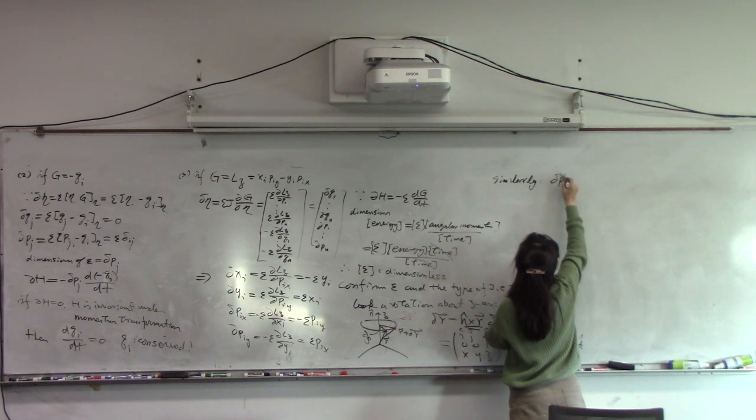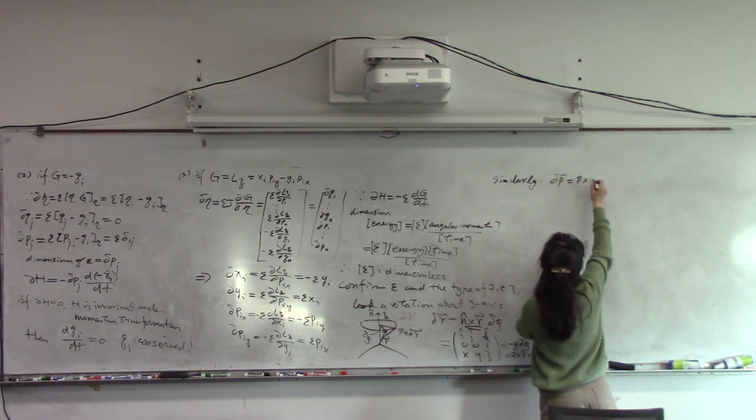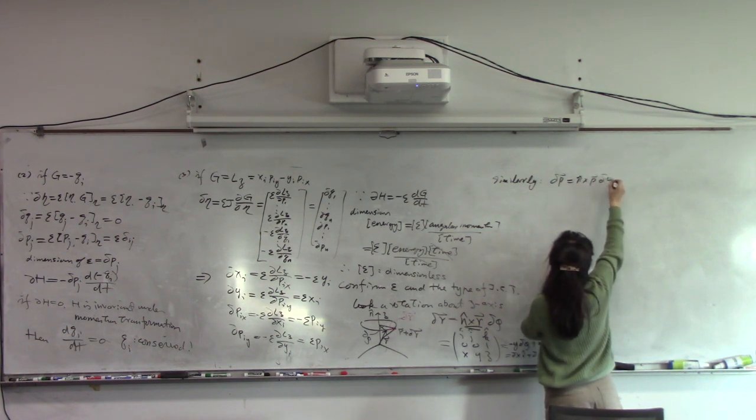Delta p is n cross n hat cross p delta phi.